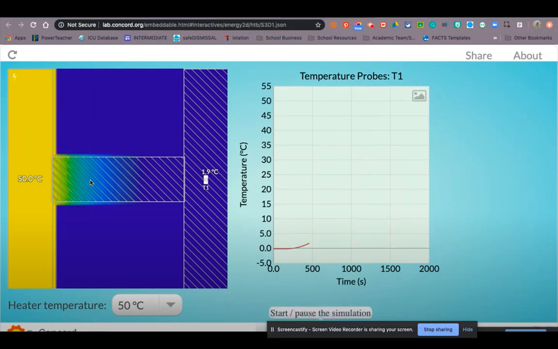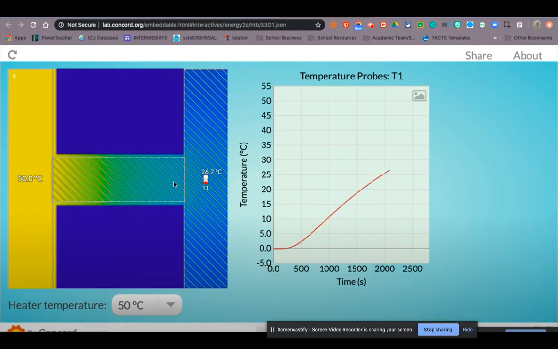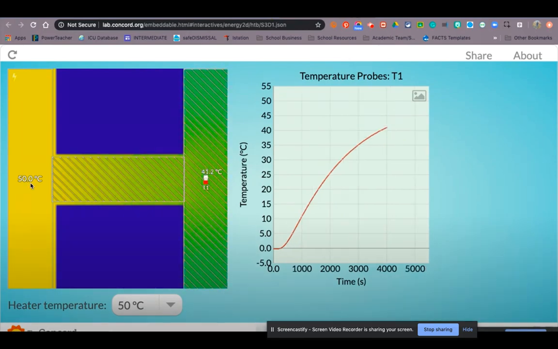You can see that the heat is starting to spread across this little bridge here. It could be a piece of metal, it could be anything. It's a solid. And it's passing over to this cooler side, which is also a solid. You can see that the temperature is rising, and it's eventually going to get pretty close to the same temperature that's on the left. And that's what conduction is.